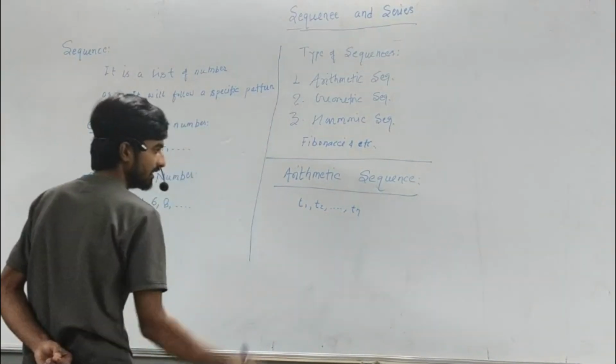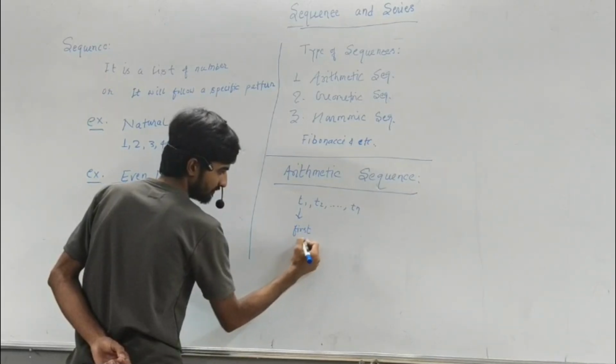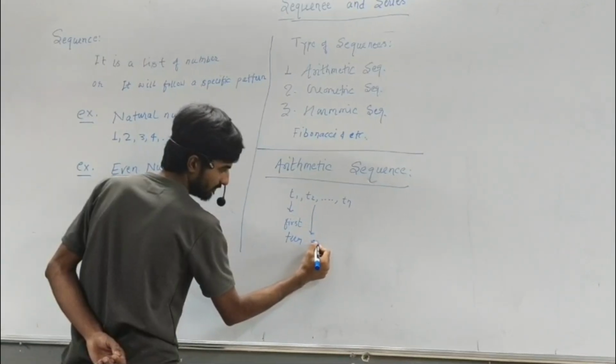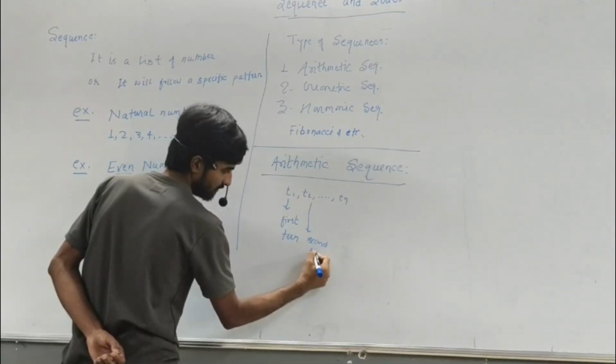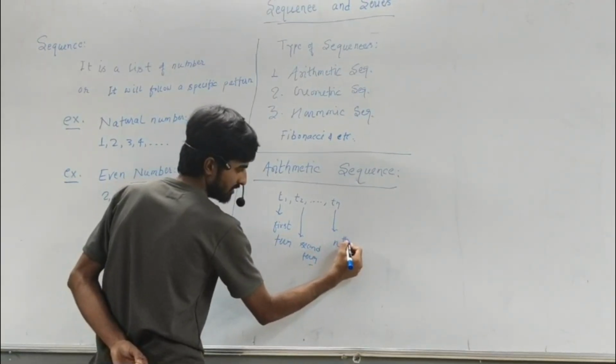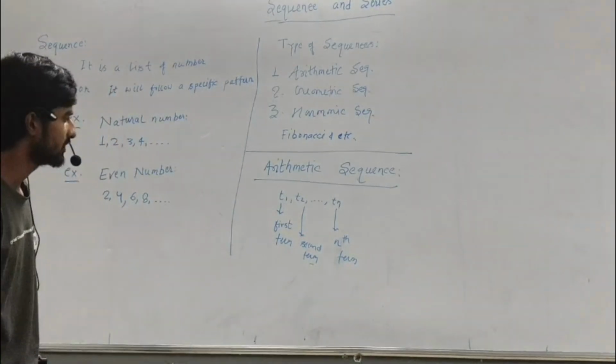Here we call T1 the first term, T2 the second term, and Tn another term. Now we have to define arithmetic sequence.